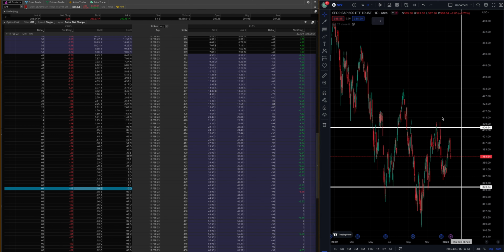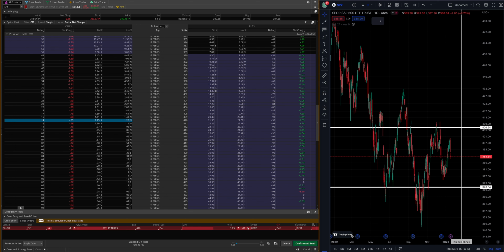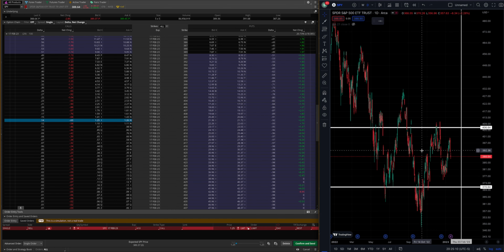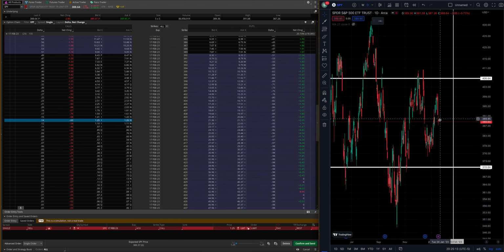But you could take this high over here, 410, which is another major high. Go to the 410s, which are right here. They're a 14 delta. You're going to get $125 for those. Now you can make some money. Keeping in mind, though, that you don't want the price to rally up to there between now and your expiration.